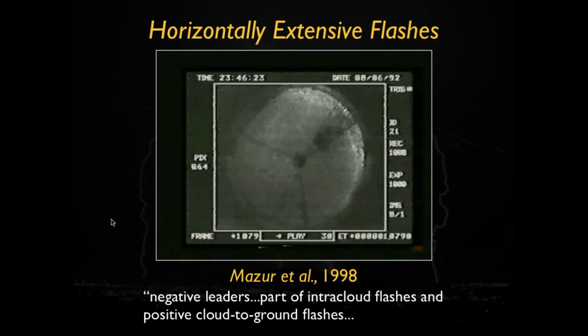And their electric field data supported this in that the ambient electric field was negative, and when they saw the leader development, they saw a positive change in the electric field due to the leader development, which was attributed to the negative leader development.